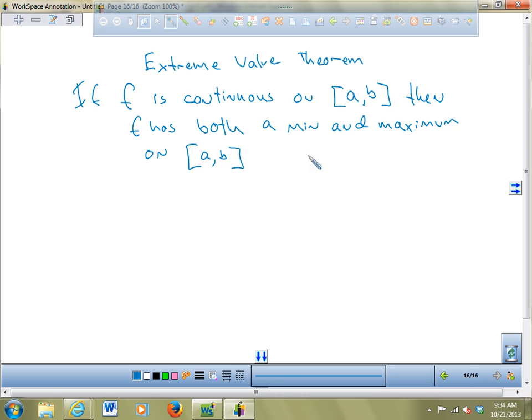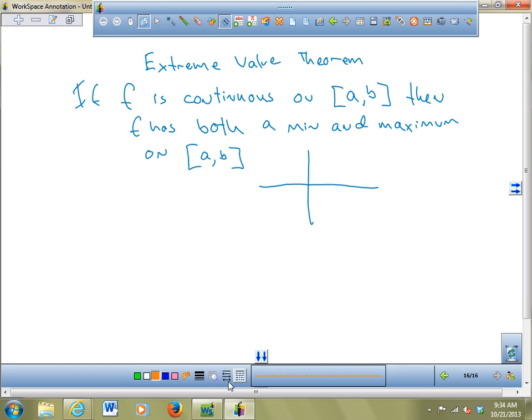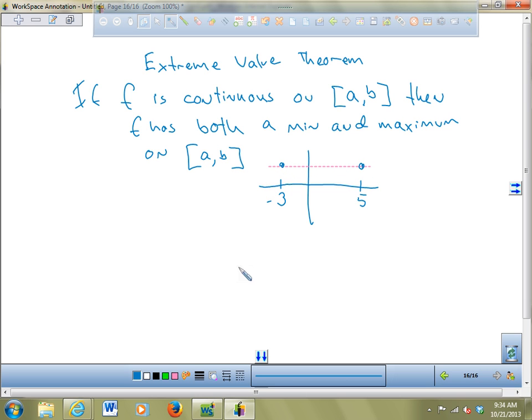All right? And some people asked, what about a function like y equals 2? If I have a horizontal line going across, does that have both a minimum and a maximum? On an interval from -3 up to 5, they're both the same. So both the minimum and the maximum are the same.